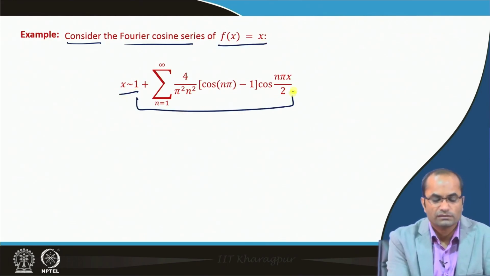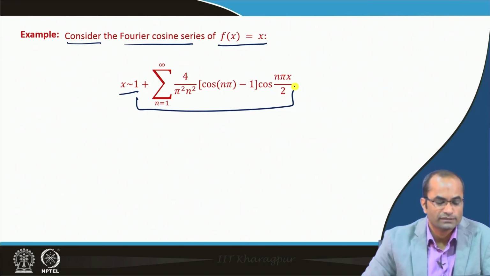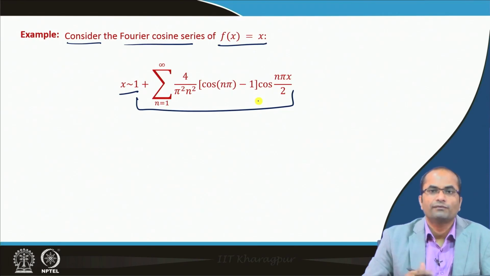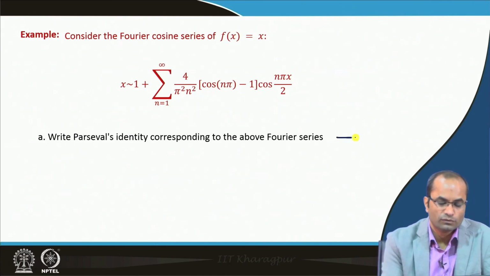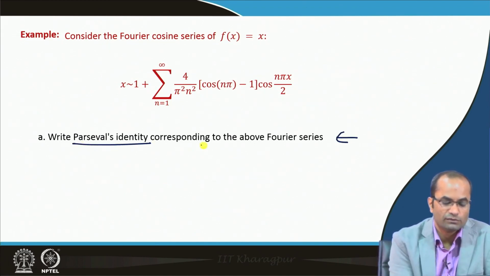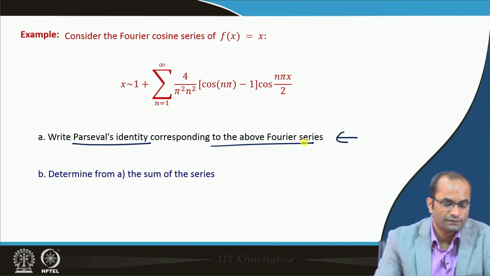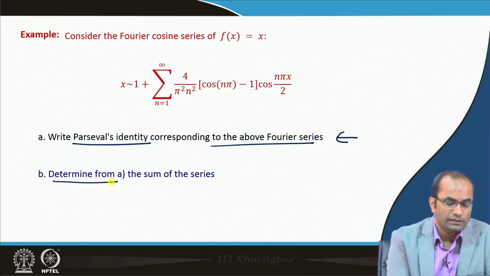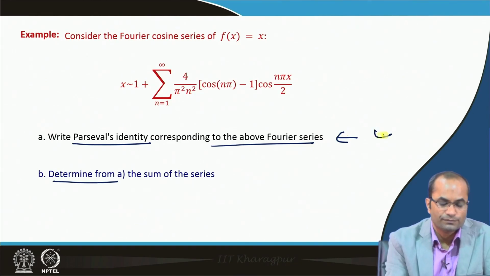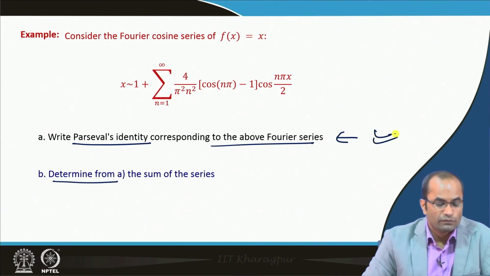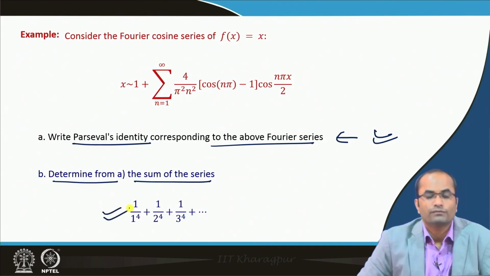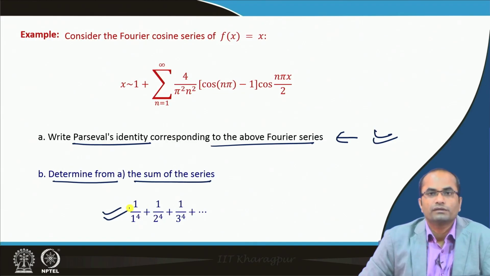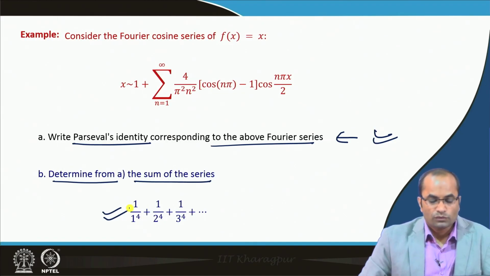The Fourier series is already given for f x equal to x, and we have not mentioned anything else, the interval etc., which we have to extract from the given series. The first question is that we need to write the Parseval's identity for this Fourier series, and the second will be to determine the sum of this series here: 1 over 1 to the 4 plus 1 over 2 to the 4 plus 1 over 3 to the 4 etc. So, there are two tasks.